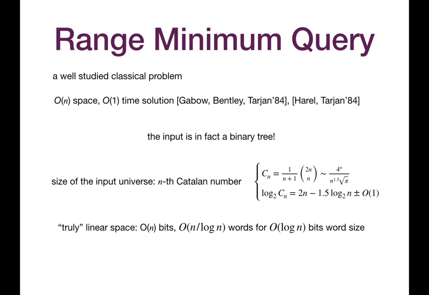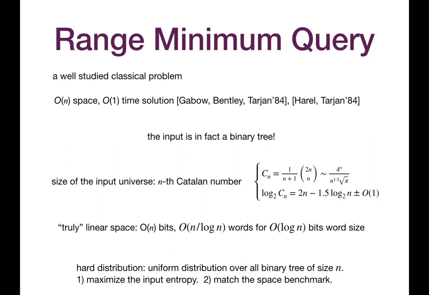Therefore, the truly linear space should be O(n) bits, or O(n over log n) words if the word size is log n. Consequently, we choose the uniform distribution over all n-node binary trees as the hard distribution to prove the lower bound. It is because the setting maximizes the input entropy and matches the space benchmark.